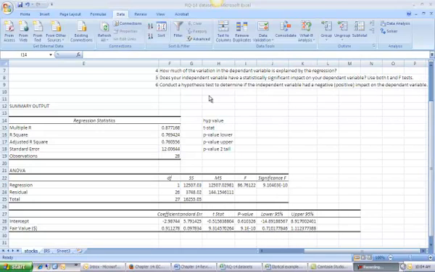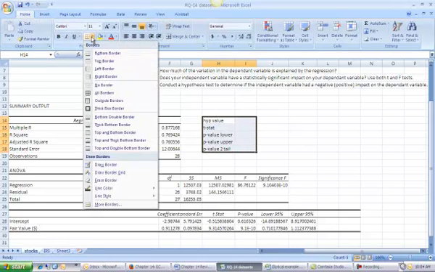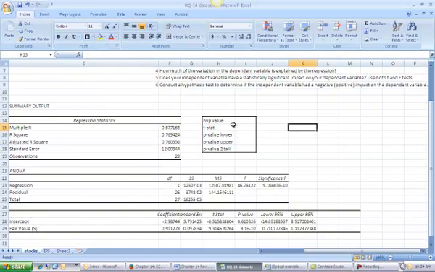Question 6 asks to conduct a hypothesis test to determine if the independent variable has a positive or negative impact on the dependent variable. Notice I have copied and pasted in this hypothesis testing area. I need to know my hypothesized value, my t-stat, and then my p-value, upper, lower, or two-tail. If I just want to know, does the independent variable have a positive or negative impact, then my hypothesized value would be 0.